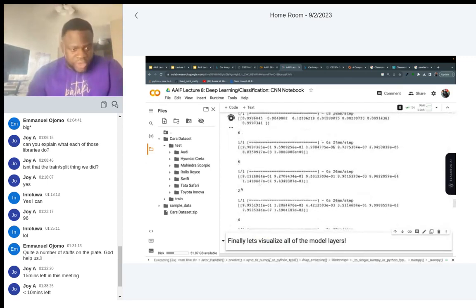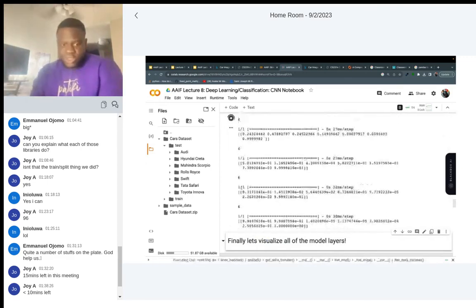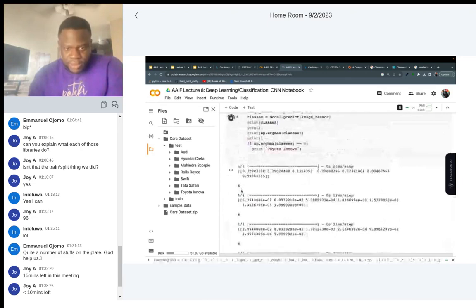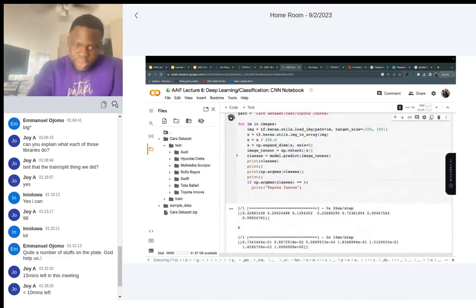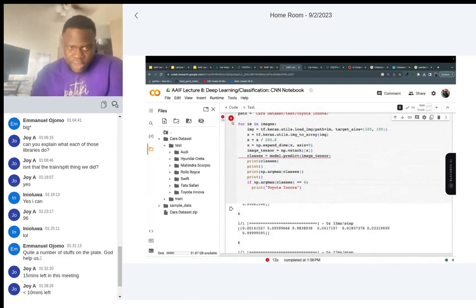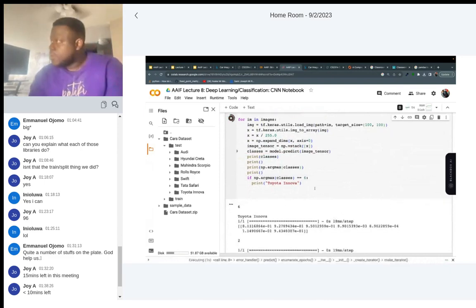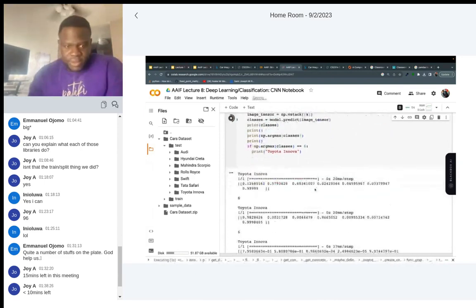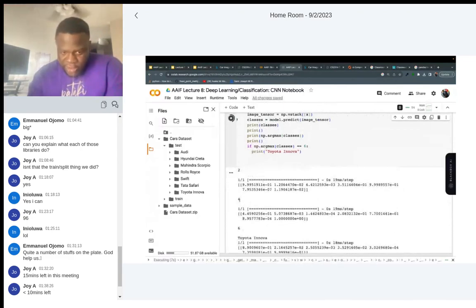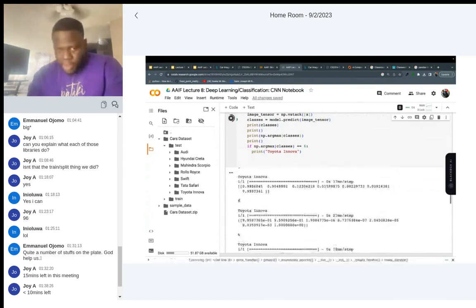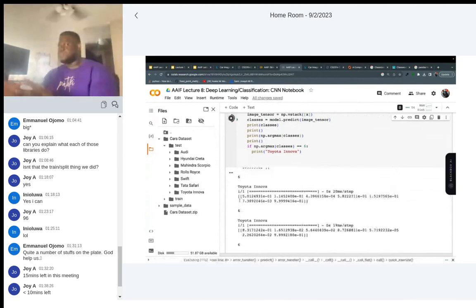So if you see, it's 7 classes, that's 0 to 6, right? Oh, I didn't change this one, 6. Let's go. So you can see it saying Toyota Innova. In some cases, it's getting it wrong, but I'm sure it is 95% correct.